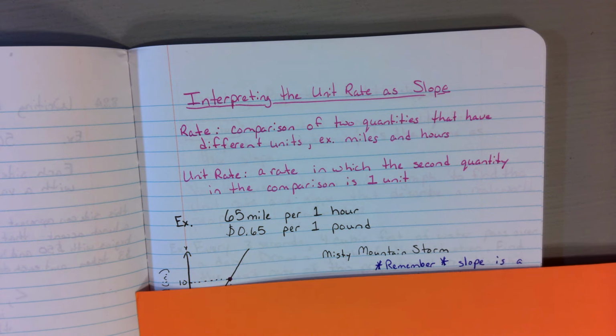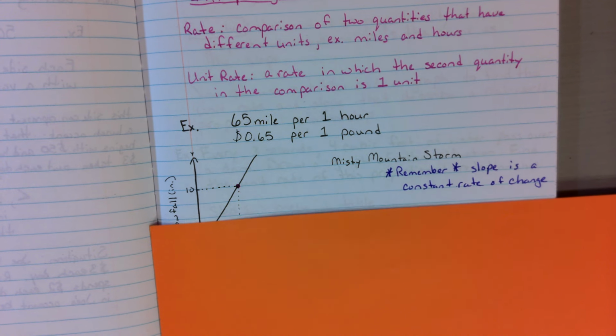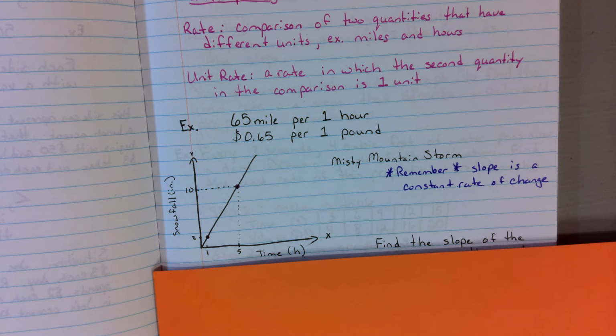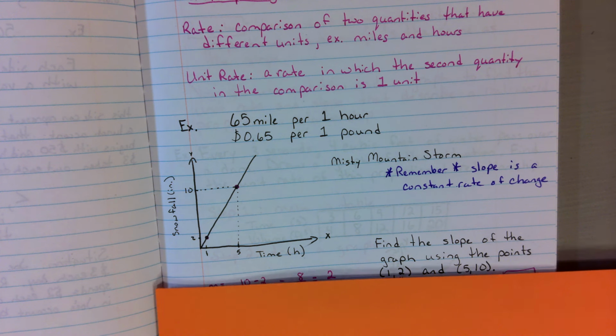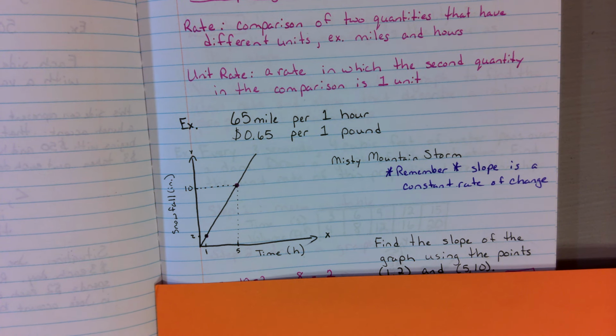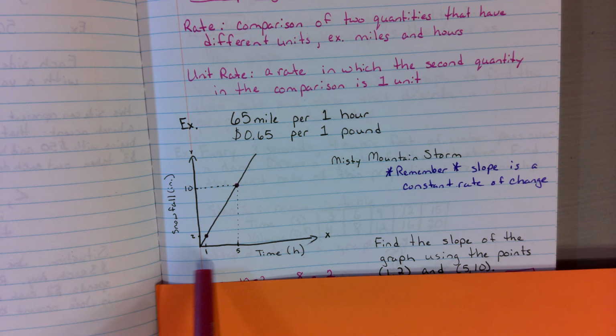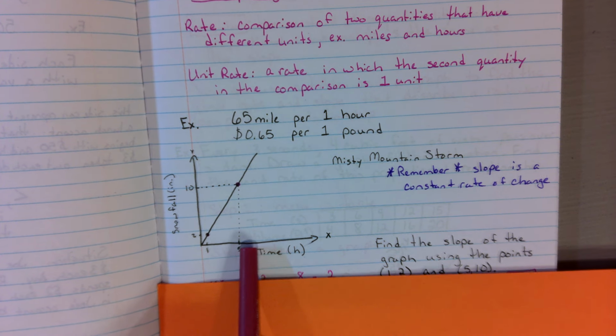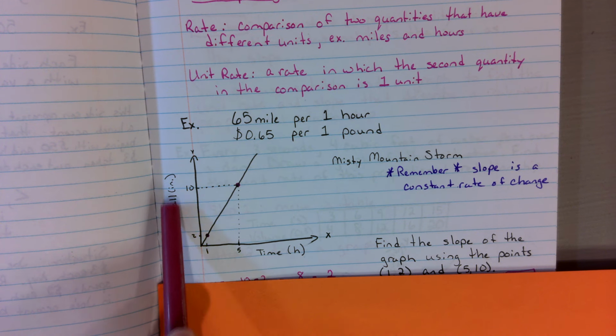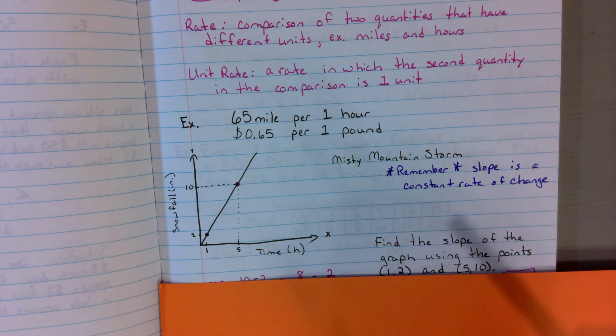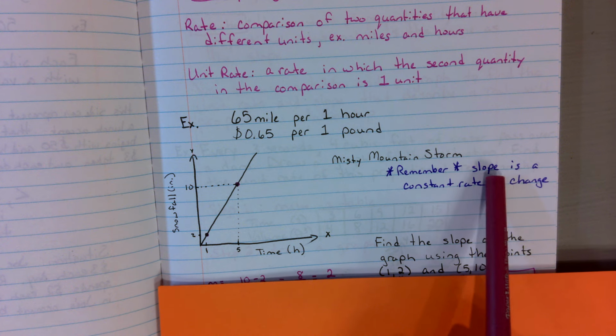All right, so I'm going to have an example here. We have Misty Mountain Storm, and here's our graph that represents in hours how much snowfall we got in inches. And here it says, remember that slope is a constant rate of change.